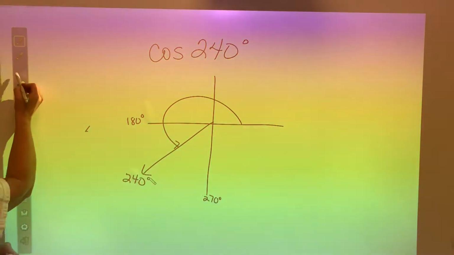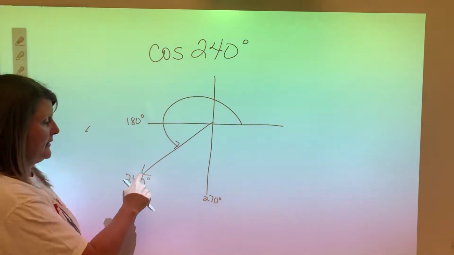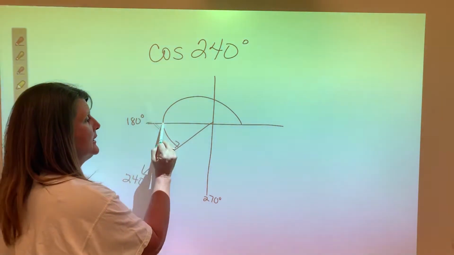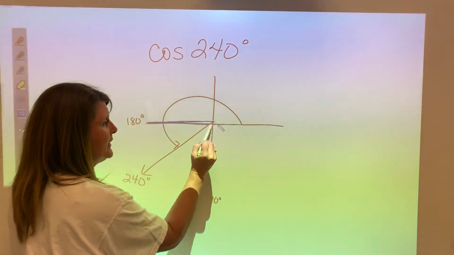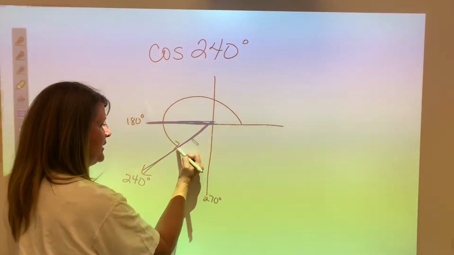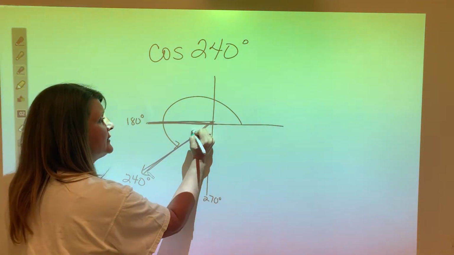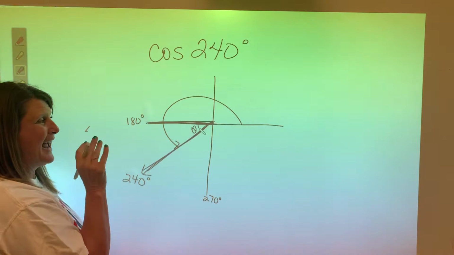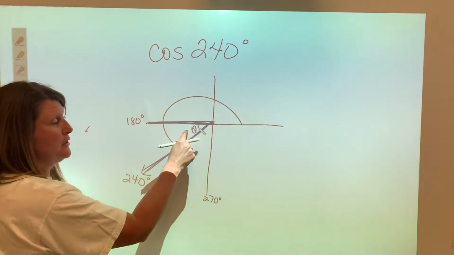So now what I need to do is find the reference angle. And the reference angle, once again, is always between the x-axis and the terminal side of your angle. And here he is, he's theta prime. This is the reference angle. But I actually need a value for him.